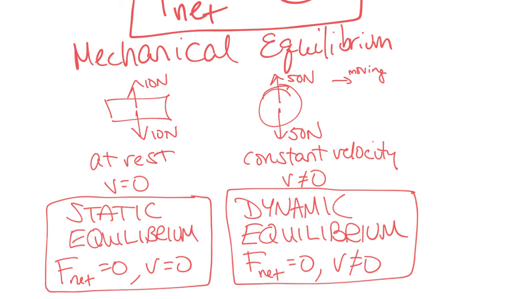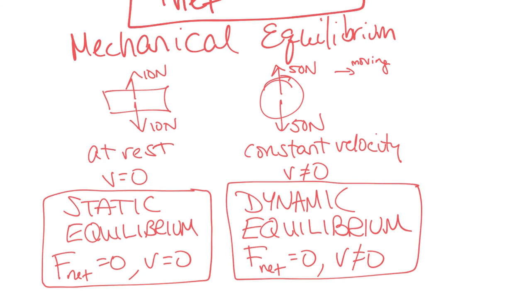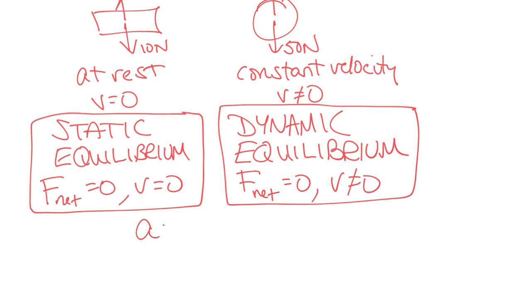But in all of these cases, what is the acceleration? 0. If F net is 0, acceleration is 0. I want you to marry those two ideas in your head. If you see F net is 0, think acceleration 0, constant velocity. I want that to be that link. Does that make sense?